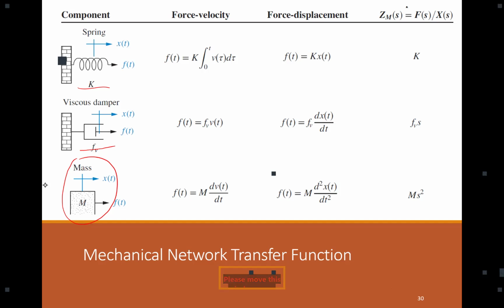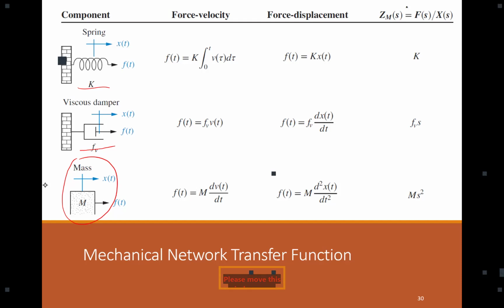The impedance of a spring is K, like a resistor. The impedance of a damper is Fs, like a C.